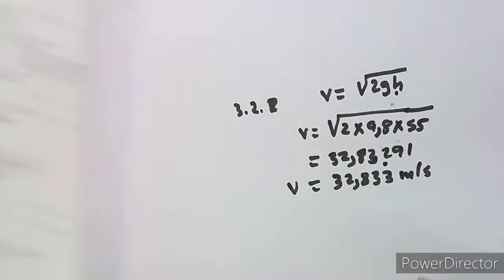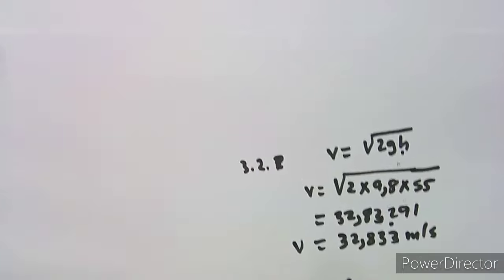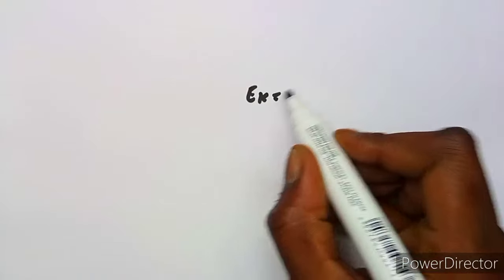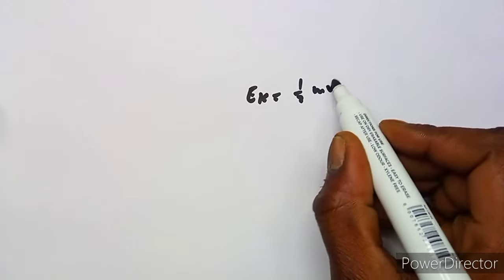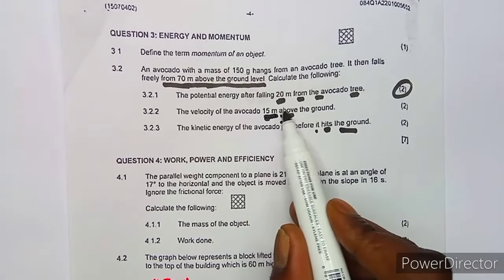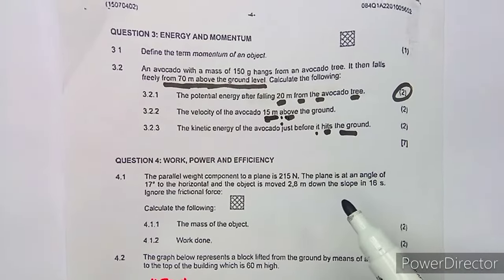Let me maybe help, because some might not understand this method. So let me just shift it another way. We know that kinetic energy is equivalent to half mv squared. As I said, I'm going back to this question so that some can understand another method.